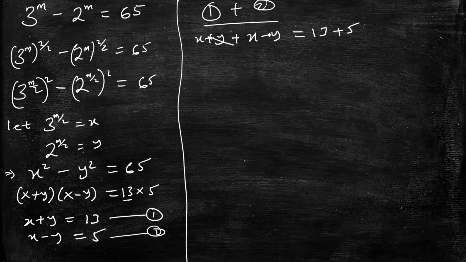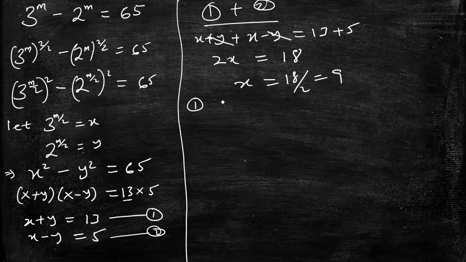So we have 2x equals 18. Divide both sides by 2, so x is 9. Now we can find y using equation 1. So we have 9 plus y equals 13, so y is 13 minus 9. Okay, so y is 4.